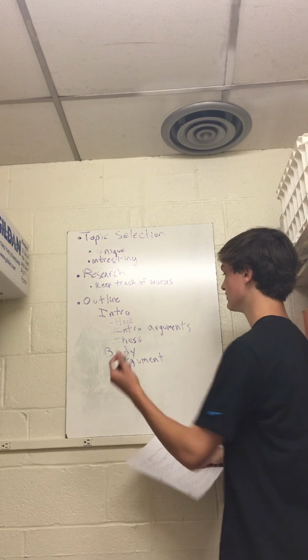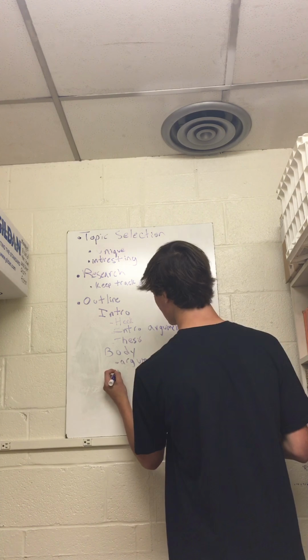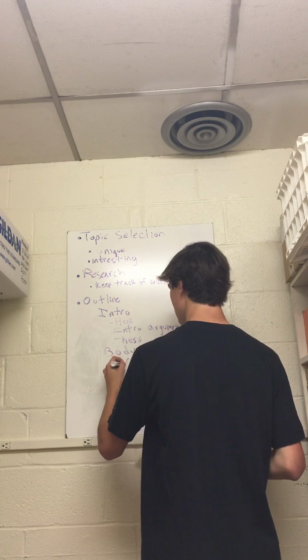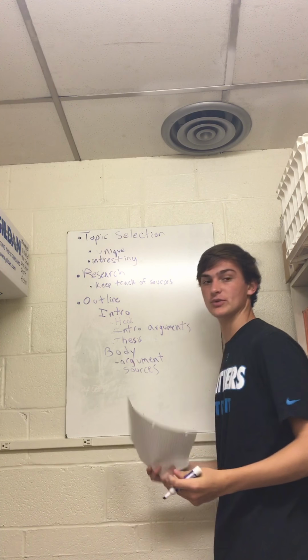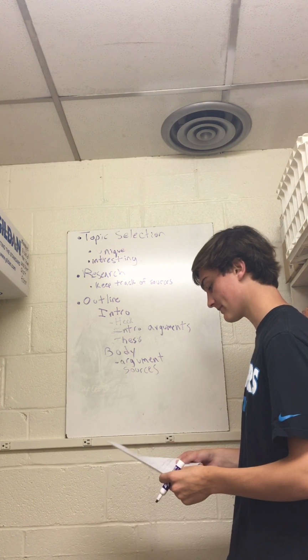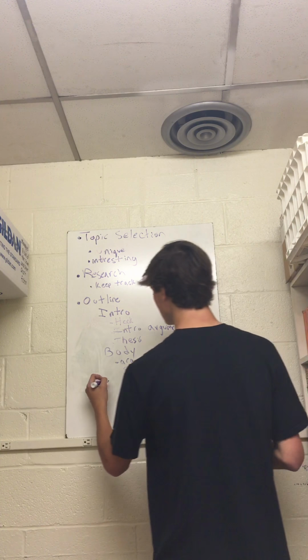You'd also want to, in the body section, note which sources you're going to use for each piece. So you have your research and your arguments organized before you start writing your essay. And then your conclusion would come next.